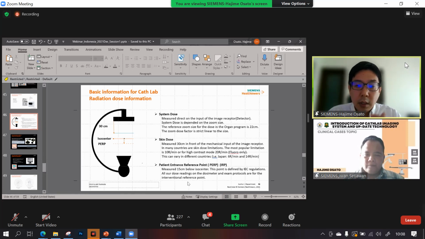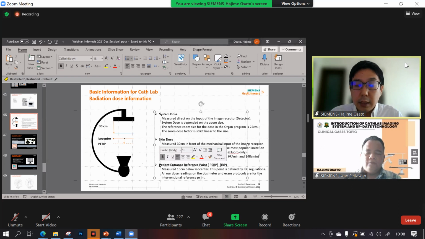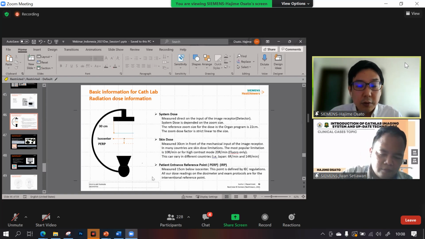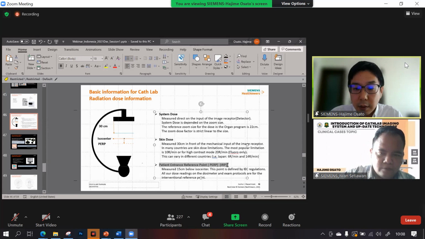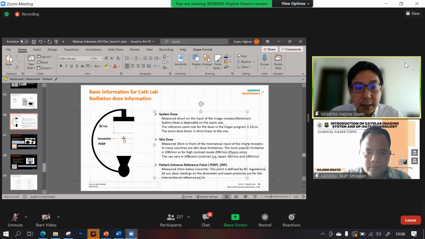We have a dosimeter on the tube side. The radiation dose is calculated as the DAP, dose area product, and accumulated air kerma. We use this point, the patient entrance reference point. This is set at 15 centimeters below the ISO center.